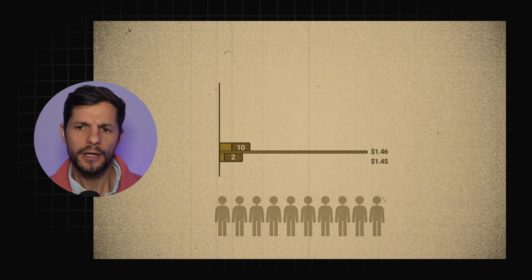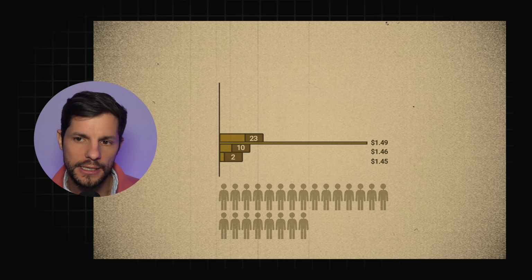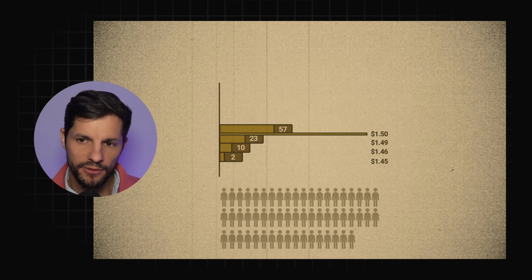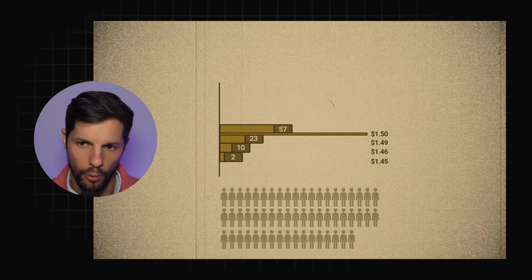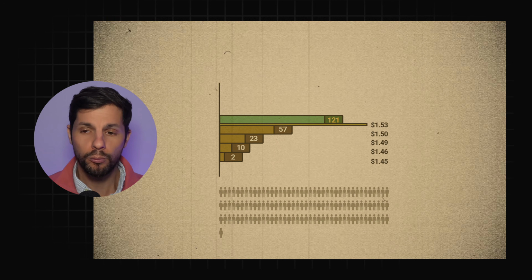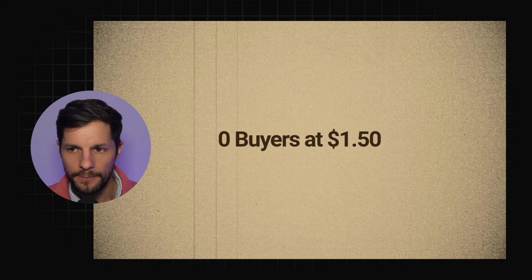After, we have 23 more bidders at $1.49. 57 more bidders at $1.50. 121 bidders at $1.53. So let's pause here for a second. Note that earlier there were no bidders at $1.50.